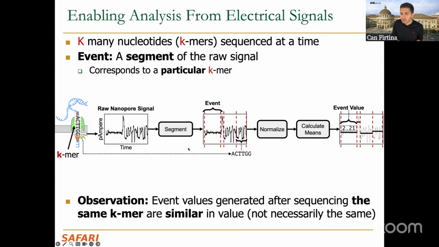So what will happen is that we will not necessarily generate exactly the same electrical signal. But the key observation is the electrical signal that we are generating will be essentially similar to what we generated earlier. So this is true in most cases.